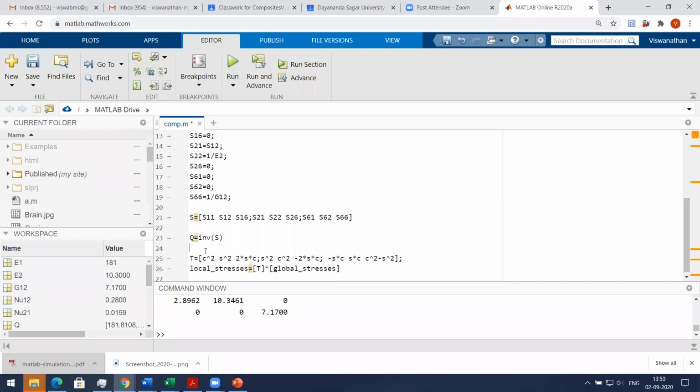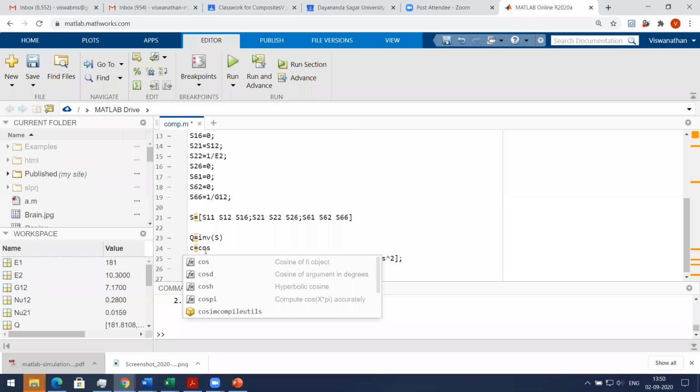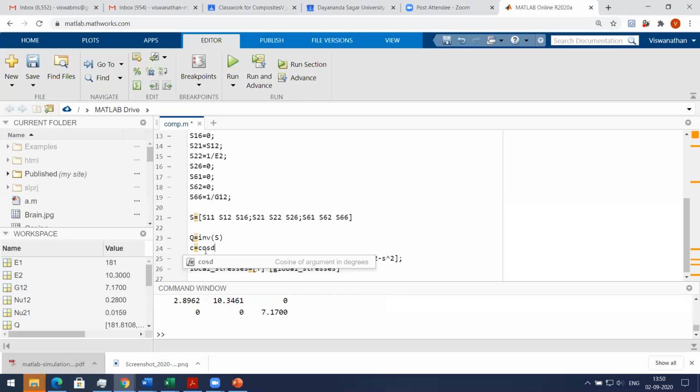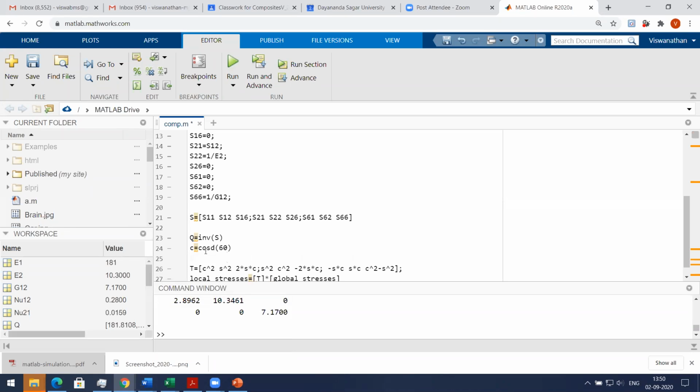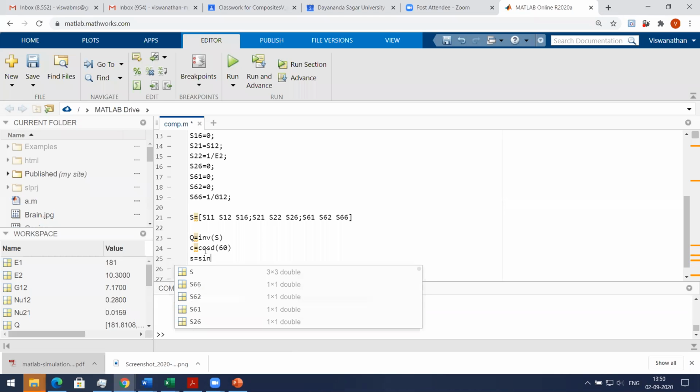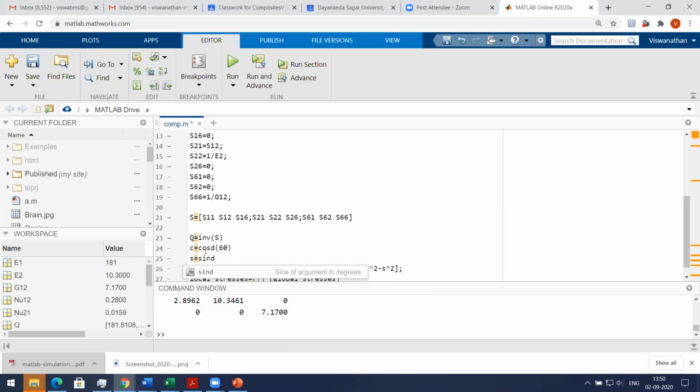What is C? Cos theta, correct? So you put it as cosd theta. Theta I take as 60 degrees in this problem. What does the d mean there? Anybody know? It means degree.